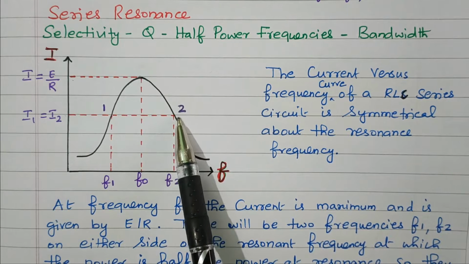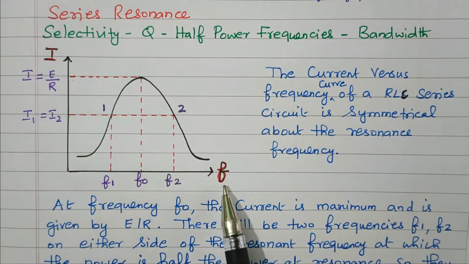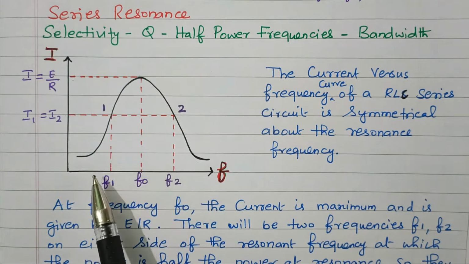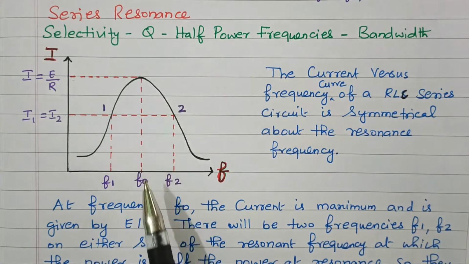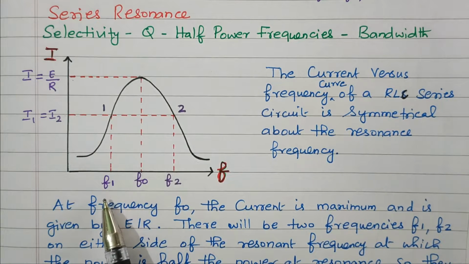At point 2, a line is drawn, and the frequency is F2, the upper half power frequency, right? So the graph is drawn between frequency and current. The maximum point has the corresponding frequency F0, and at half power the frequencies are F1 and F2, the lower and upper half power frequencies.